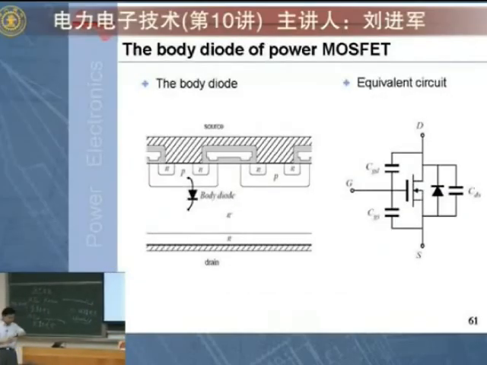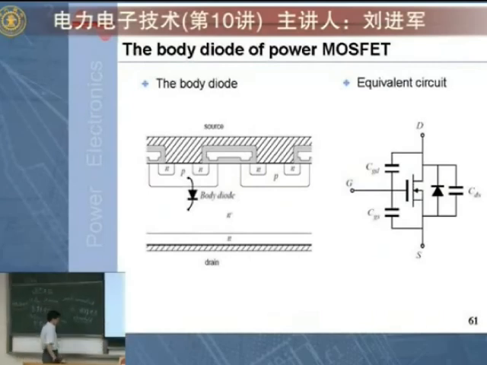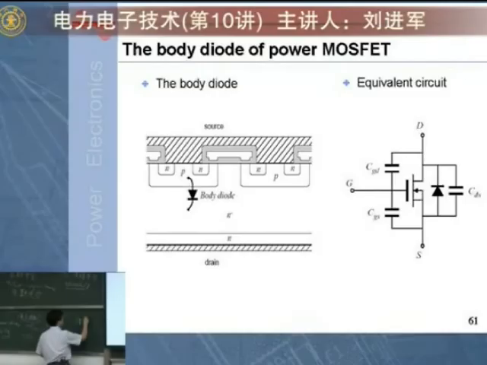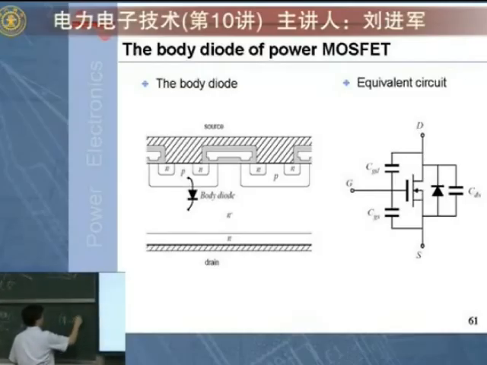Okay, there's one other issue about power MOSFET. It's a body diode. For power MOSFET, there's always a body diode, or parasitic diode.